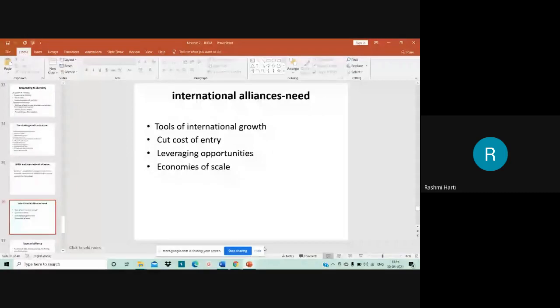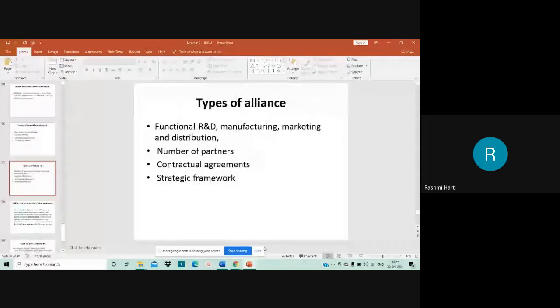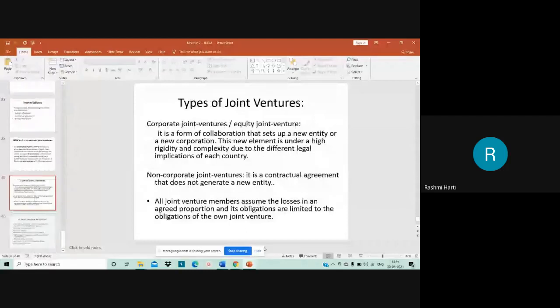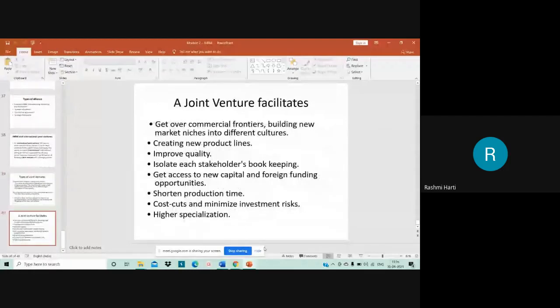Afterwards, we also looked into IHRM and international joint ventures, then types of joint ventures, and the joint venture facilities. A joint venture is when two businesses based in two or more countries form a partnership.